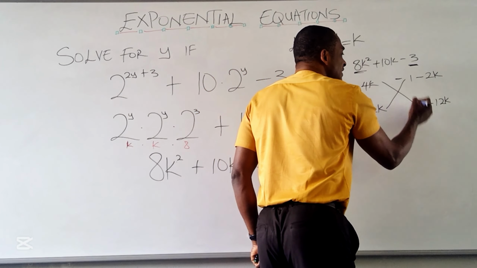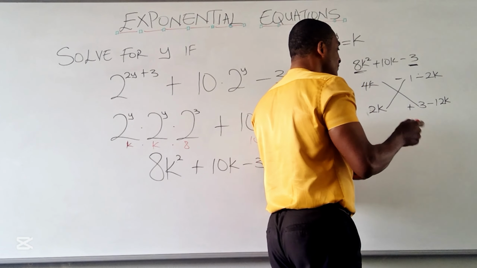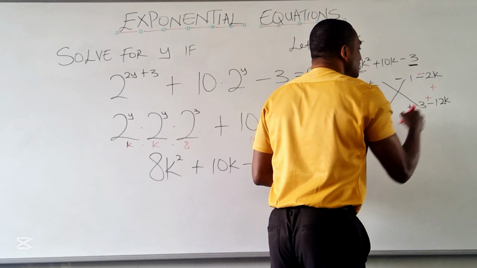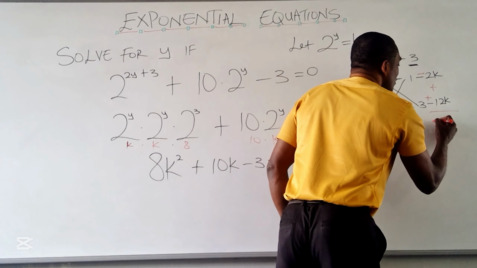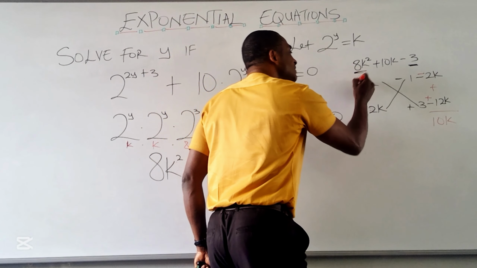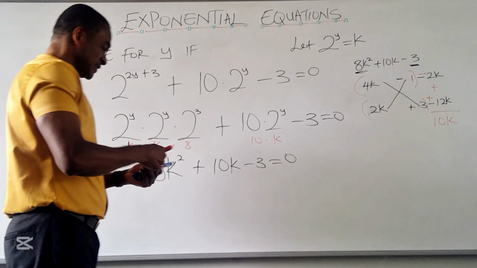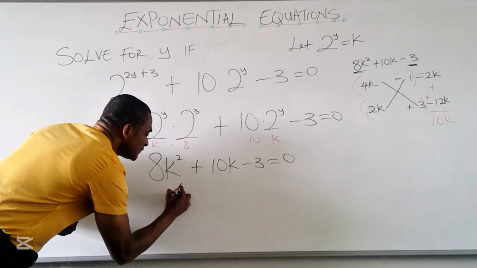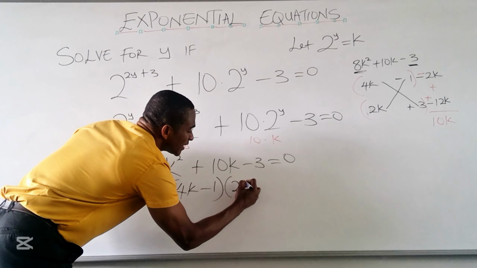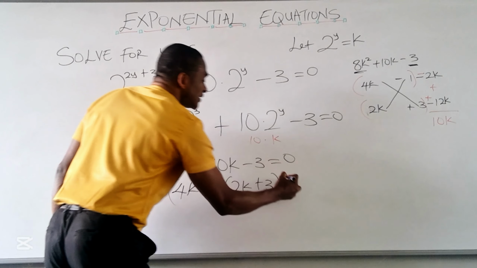So this will have the negative and this will have the positive, because negative 2k plus positive 12k will give us positive 10k. Then we take our factors, the way they appear with their signs. So our factors will be 4k minus 1 and 2k plus 3. Those will be the values of k.